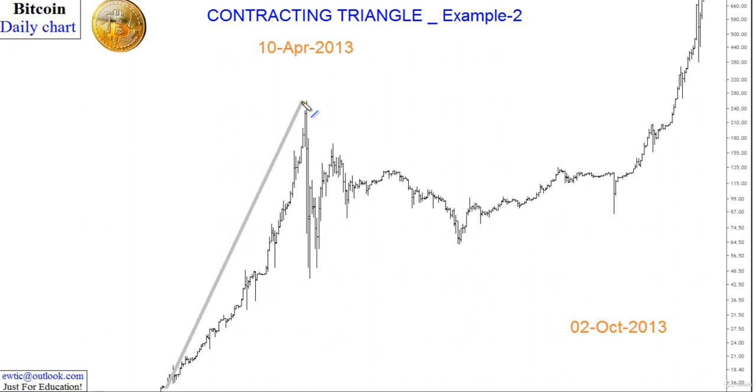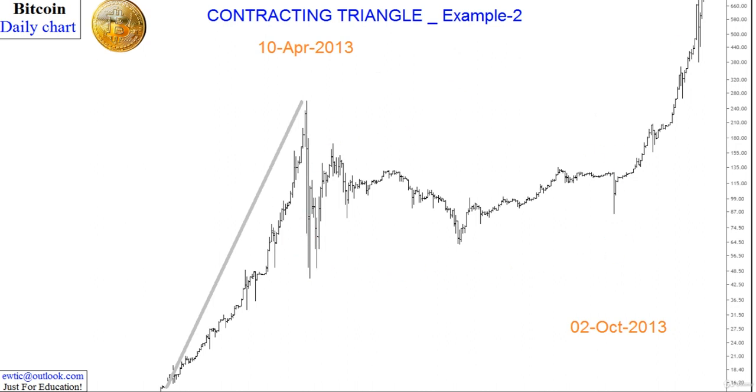And then we see this halt, this pause in the market, right? Like the market traveled a lot of distance in a very short amount of time, and then it needed a break, right? Just like human beings, when they run a very long distance very fast, they need a long break, right? So this is some kind of break in the market, right?